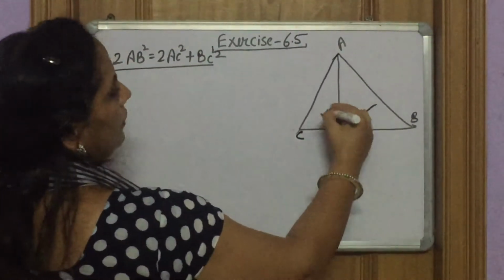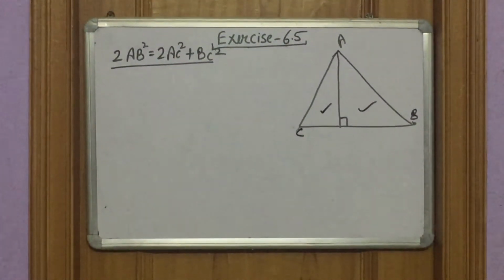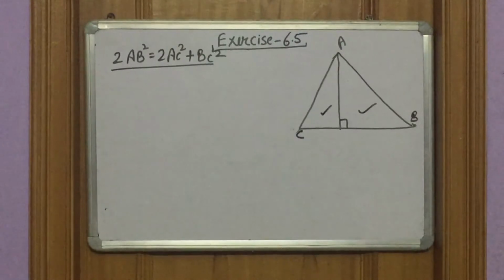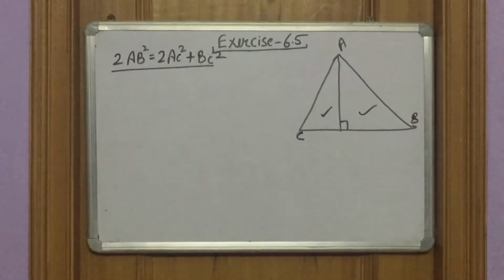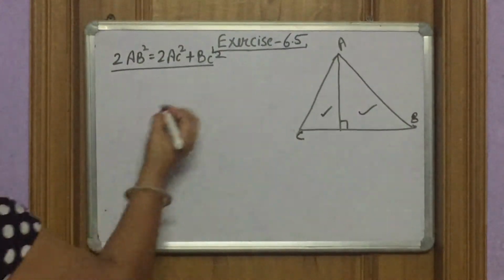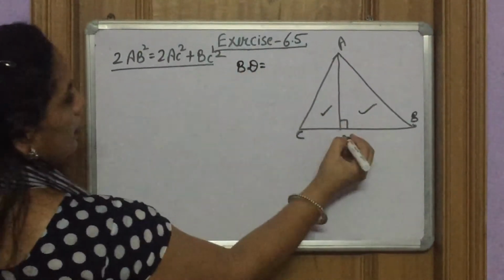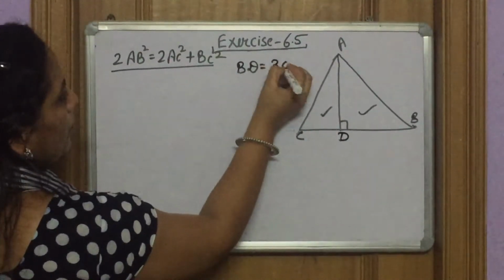As here we have two right angle triangles, because here we have a 90 degree angle, we can easily apply Pythagoras theorem in both of the triangles. And in one more term in the question it is given that BD is equal to 3CD.